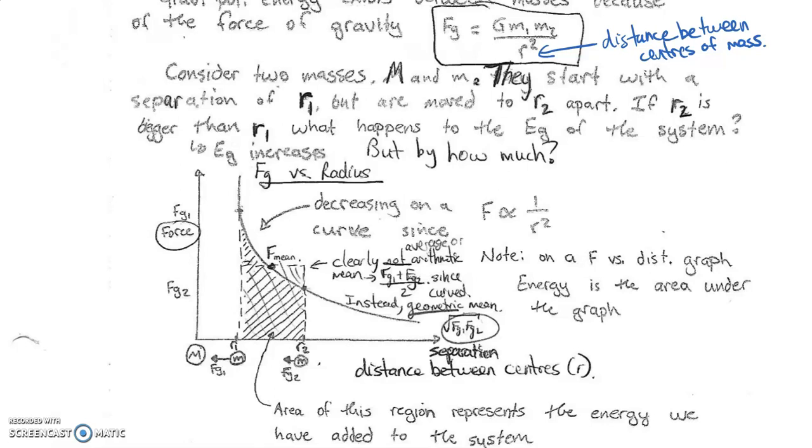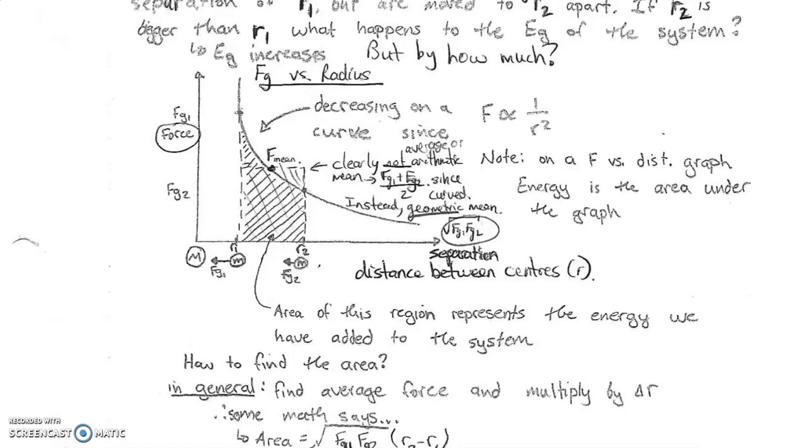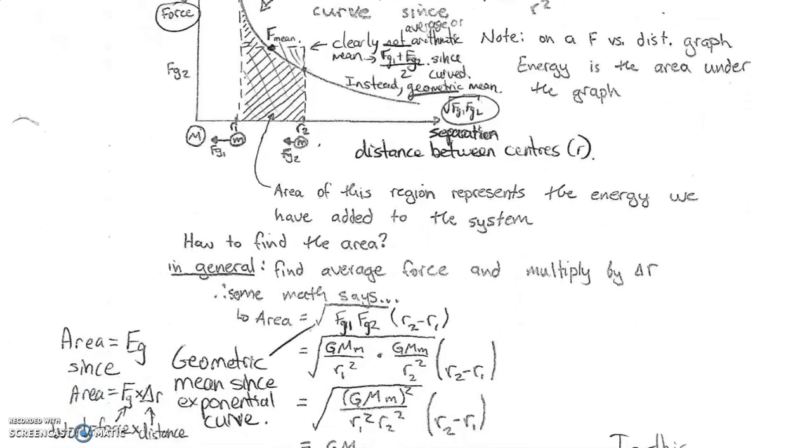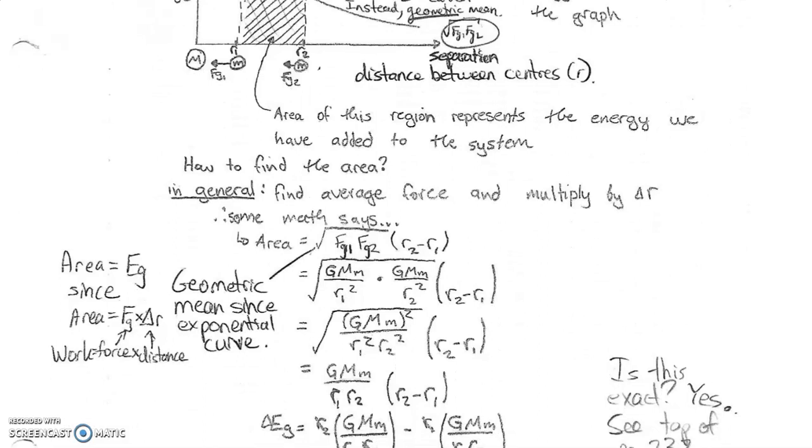There's a little note on the side that says on a force versus distance graph, energy is the area under the graph. Let's highlight that again down below. The area is the gravitational potential energy, since the area is the force of gravity on the y-axis times the change in distance between centers on the x-axis, and force times distance is the work done, which is an energy.